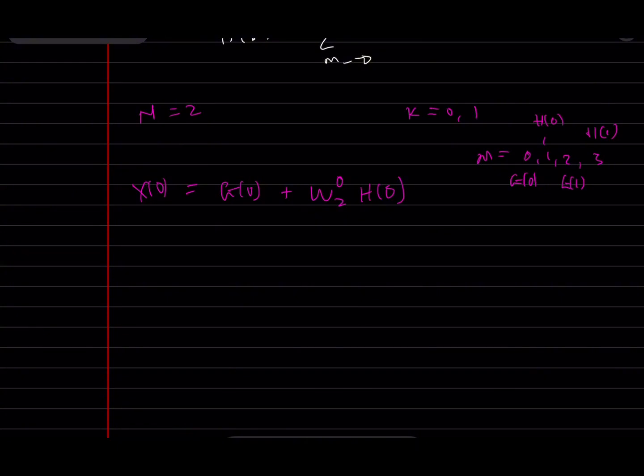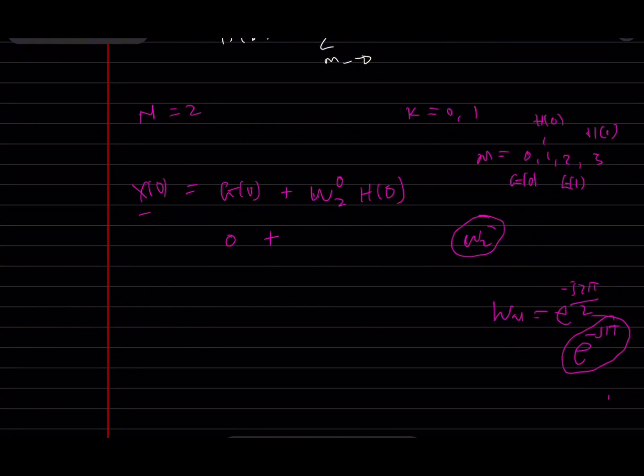So based on that, you can see that the combined one is G of 0 plus omega 2 to the power 0. Per my previous tutorial, we said that W to the power N and then power 1 is equal to exponent negative j 2 pi on 2, which is equal to exponent negative j pi. So when we simplify this, you are supposed to get 1.